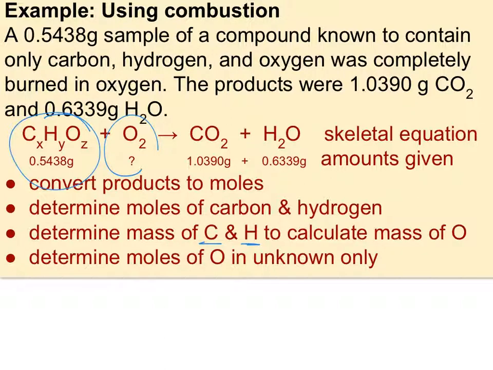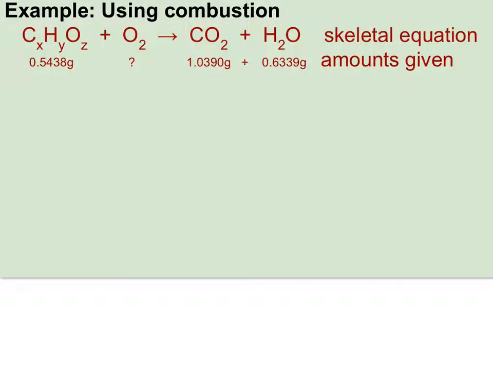And then I can get my moles of oxygen. So after a little finagling, I will finally have all the pieces I need to do an empirical formula. So I'm going to go ahead and work through this. Feel free to pause and do any of this that you think you're up to on your own.